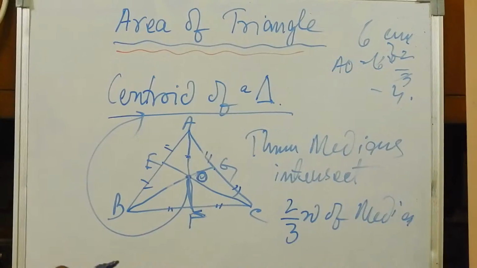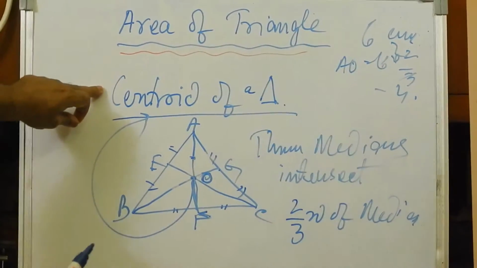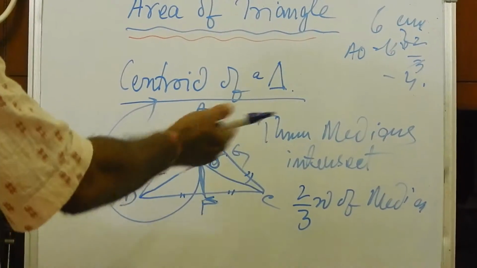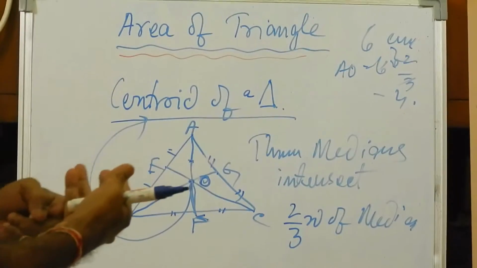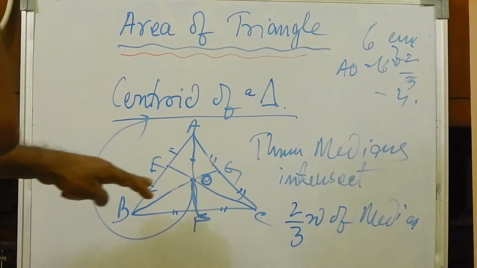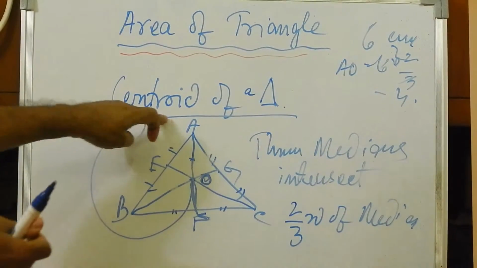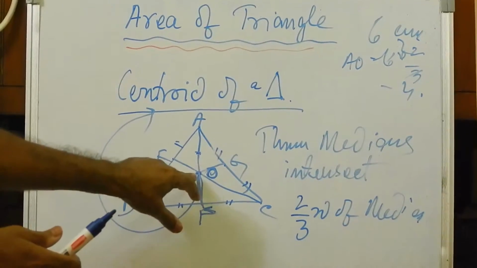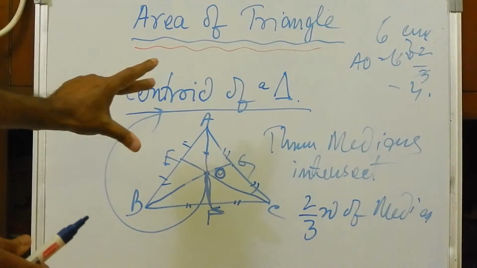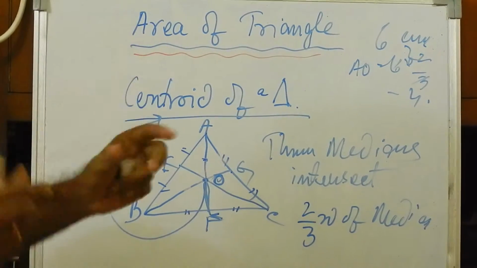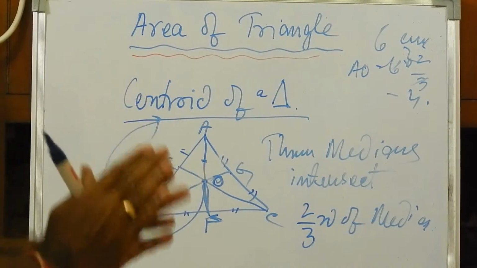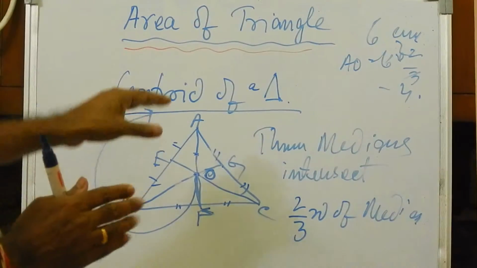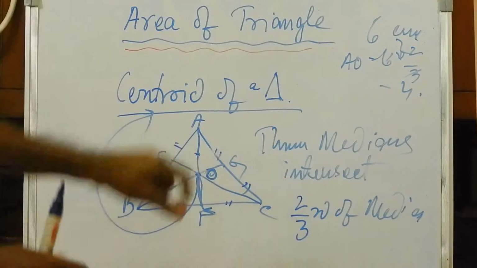So that's the main point for the centroid and the medians of a triangle. These three medians in a triangle intersect at the centroid, and the distance between the vertex and the centroid is 2/3 of the length of the median. If we multiply the median length with 2/3, we get this length AO.